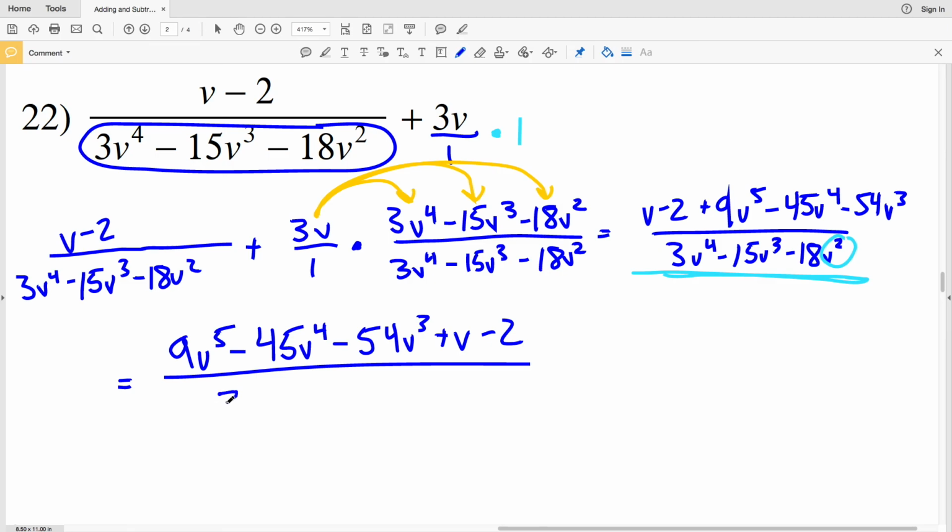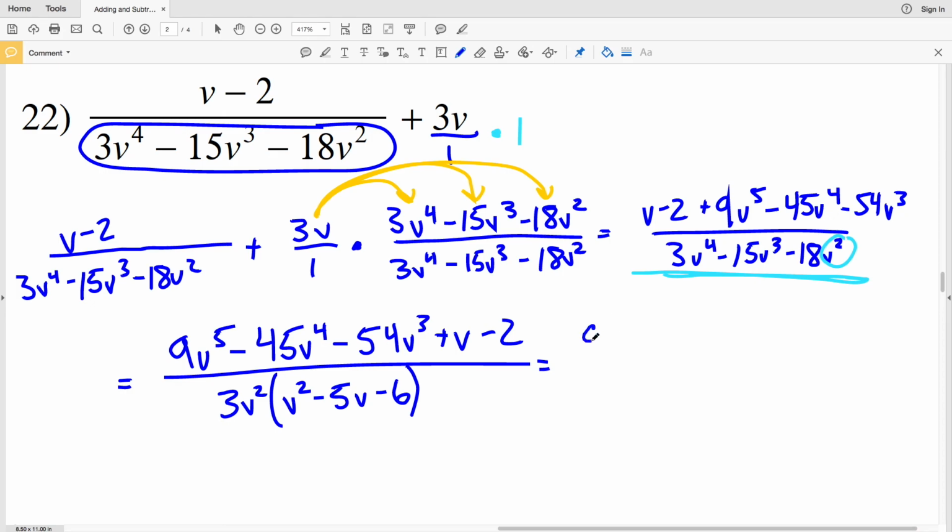So pulling out a 3v squared, I'll get, within my parentheses, v squared minus 5v minus 6, because 3v squared times v squared is 3v to the fourth, 3v squared times 5v is 15v cubed, and 3v squared times 6 is 18v squared. However, I'm not quite done yet because that denominator can be simplified even further.